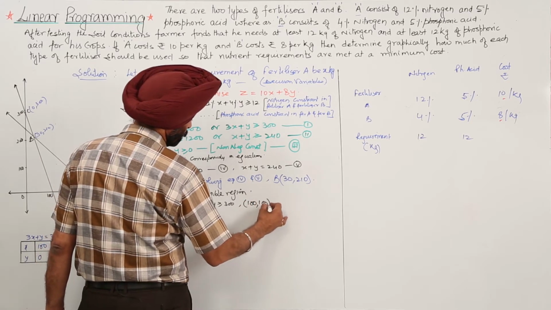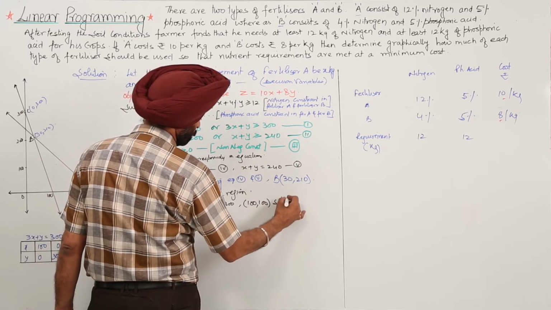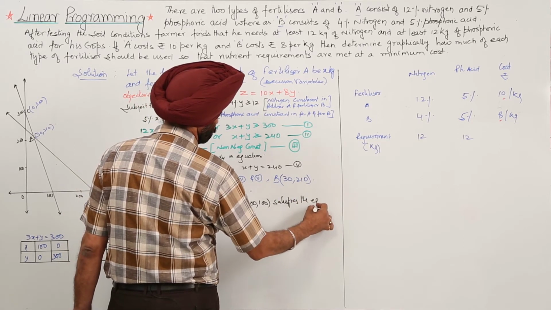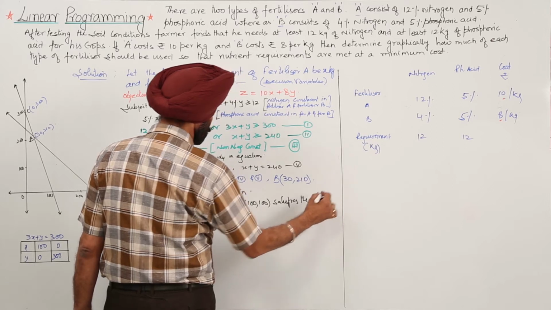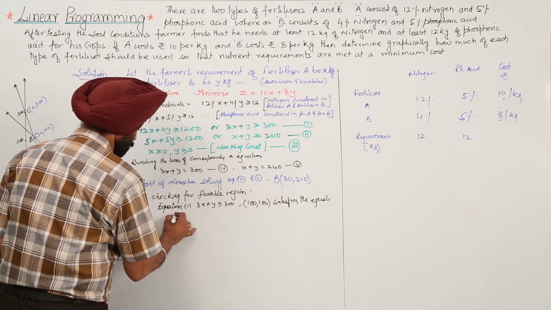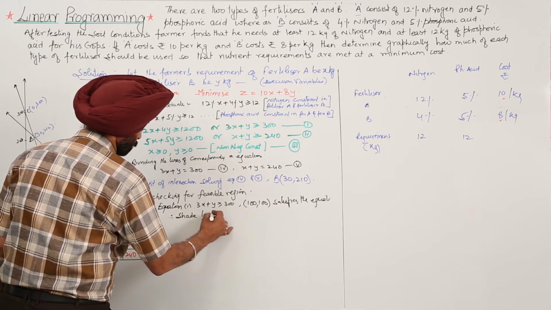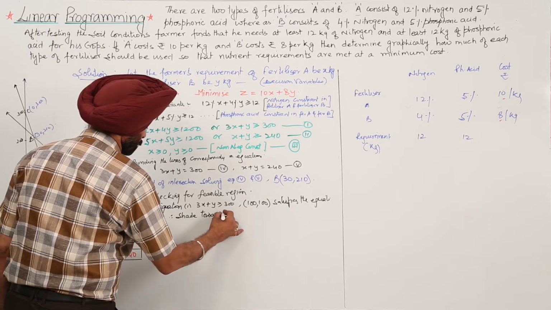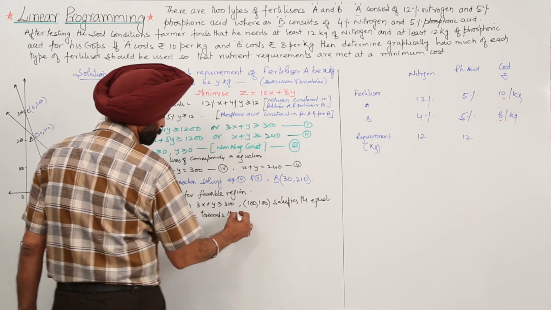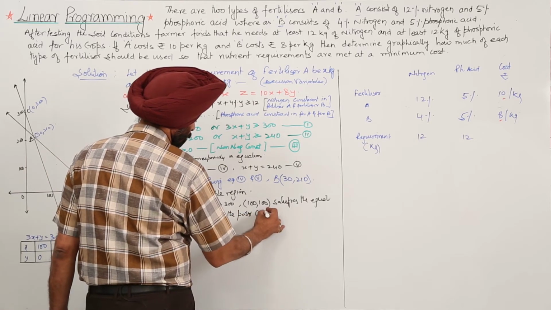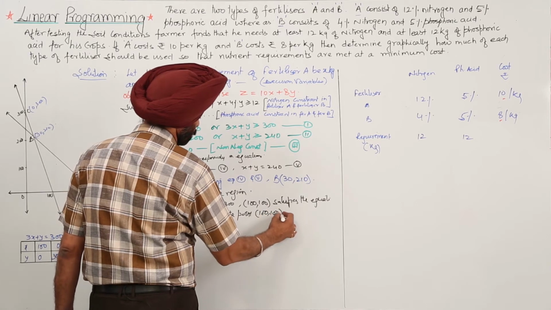100 comma 100 satisfies the equation, therefore shade towards the point 100 comma 100.